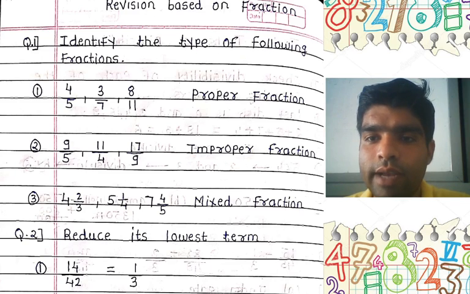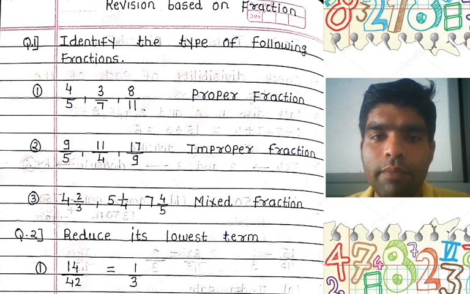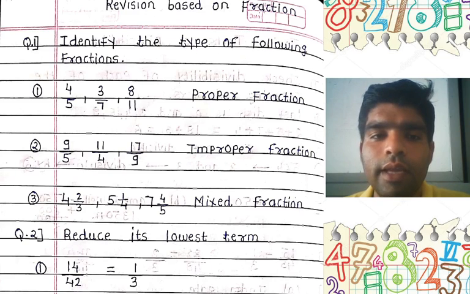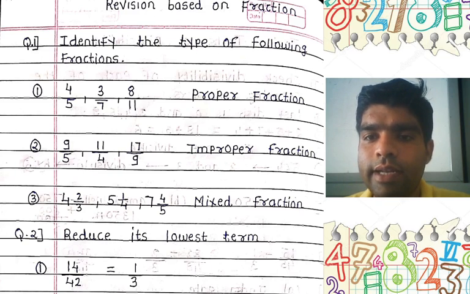Similarly, the second example: 9 upon 5, 11 upon 4, 17 upon 9. Now see, the numerators are 9, 11 and 17. Observing the example, the numerator is greater than the denominator, and this type of fraction is called an improper fraction.